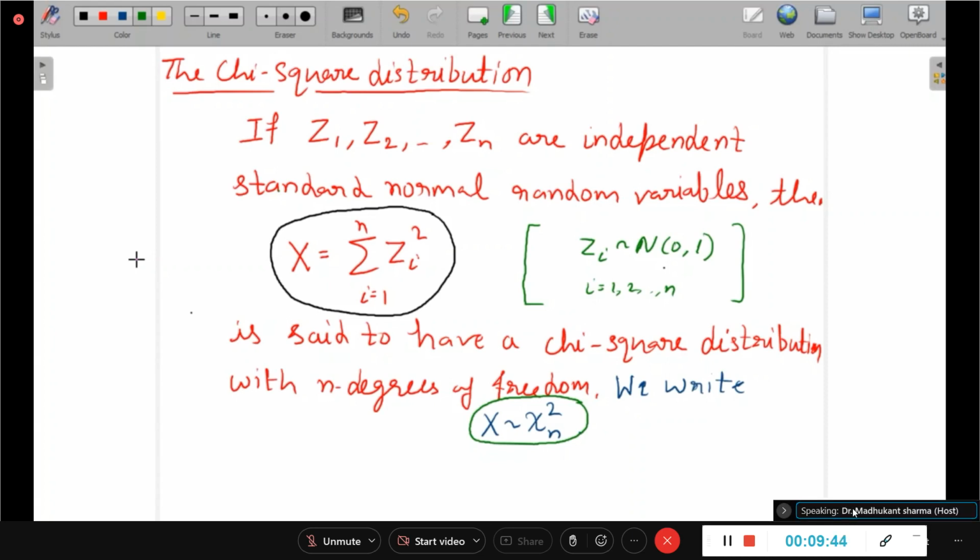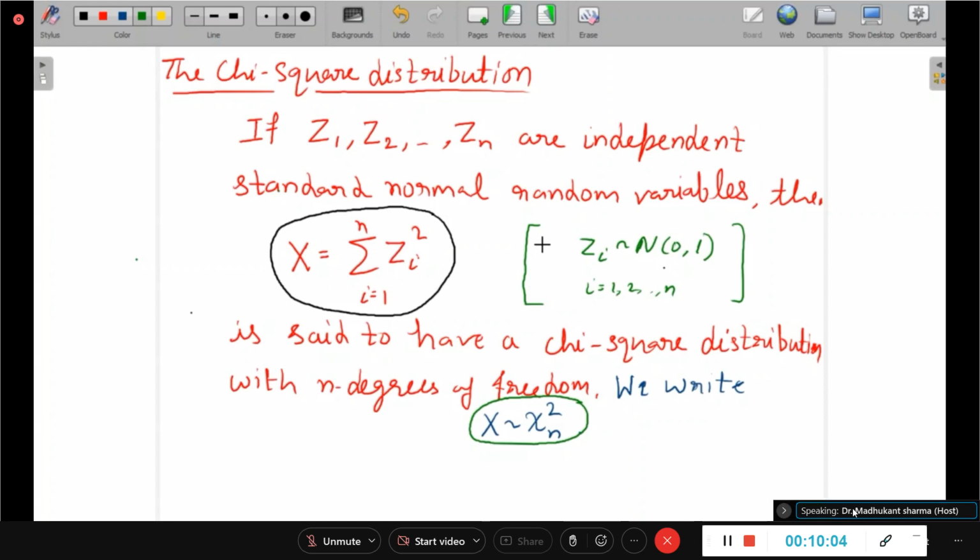So this chi-square distribution is a natural outcome of the normal distribution, and it has applications in statistics, where you will find it more applicable in a realistic manner.